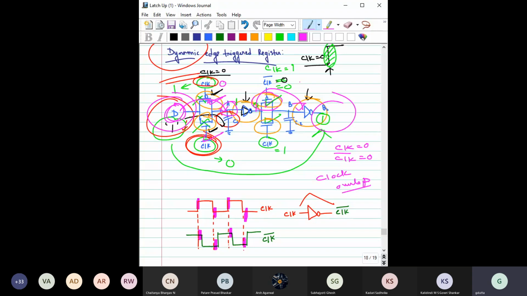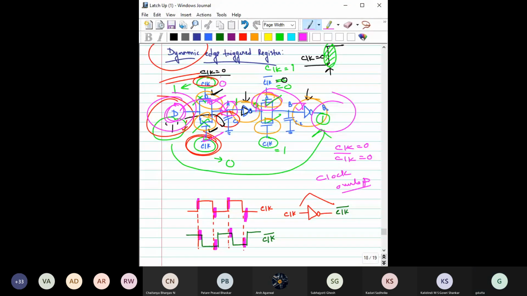But think about the master slave flip flop. What is a master slave flip flop? There is no direct path from the input to the output. Only during one clock phase is there a connection from the input to the middle node, and in the next clock phase there is a connection between this middle part and the output. No direct connection. Then the whole concept of the master slave flip flop has been lost here.